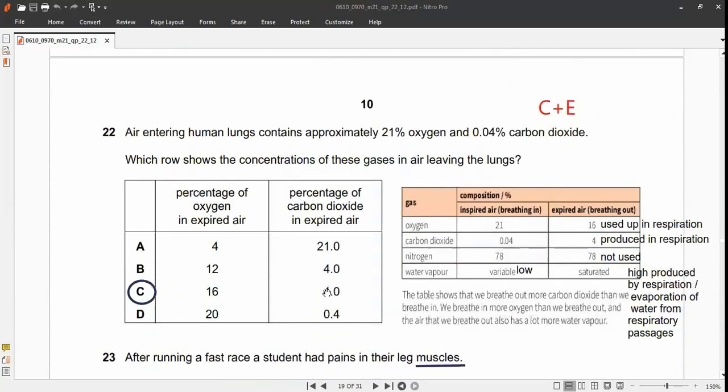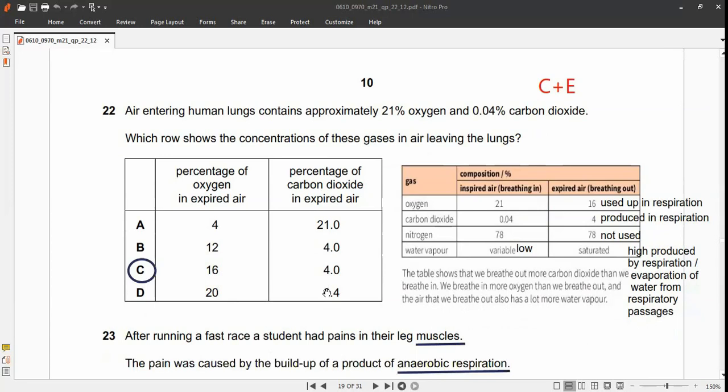22. Air entering human lungs contains approximately 21% oxygen and 0.04% carbon dioxide. Which row shows the concentrations of these gases in air leaving the lungs? Okay, let's see.